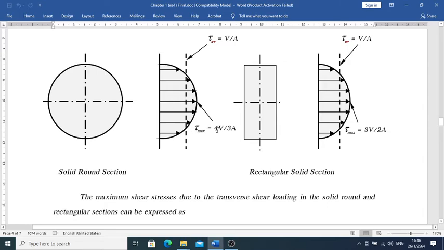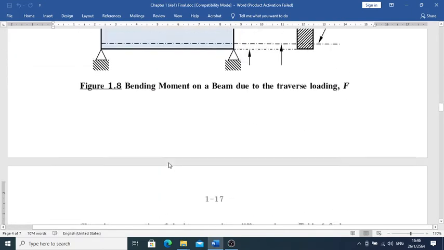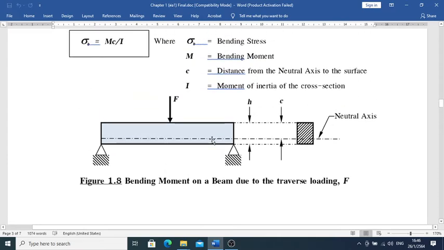This tau max is equal to 4V over 3A, and it is minimum at the surface. Compare that to the bending stress, where you have maximum sigma at the surface and minimum at the neutral axis.